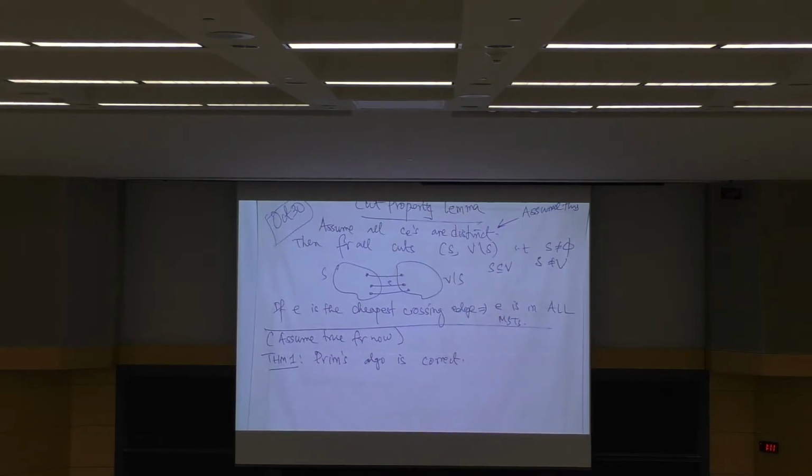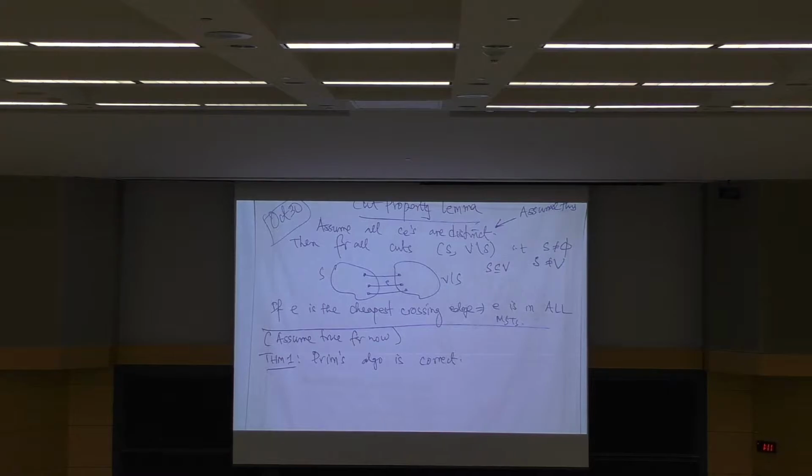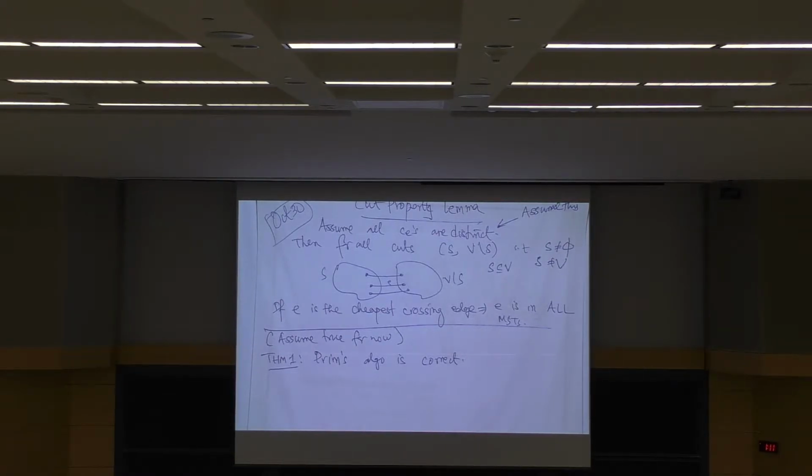All right, so again, the idea is that at every point of time Prim's algorithm adds an edge to T. We're going to argue that it is the cheapest crossing edge for some cut. And what that means is Prim's cannot go wrong by adding that edge.